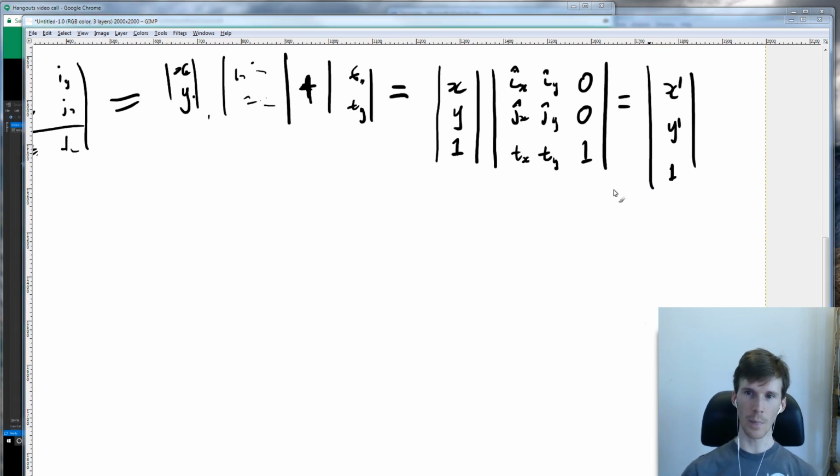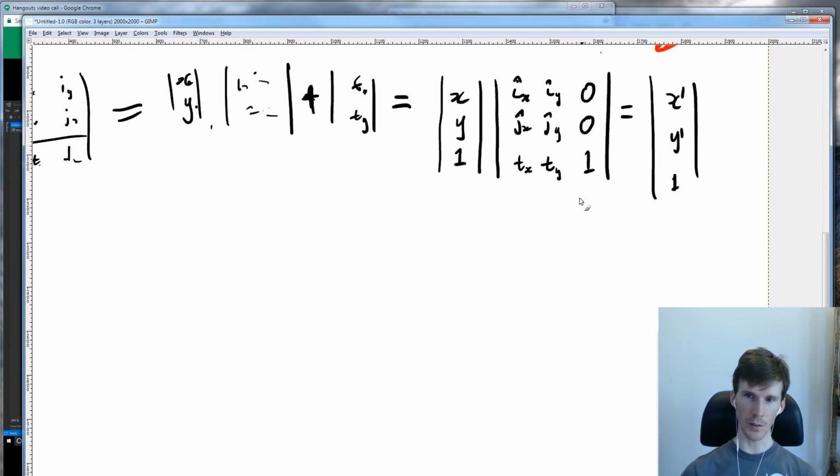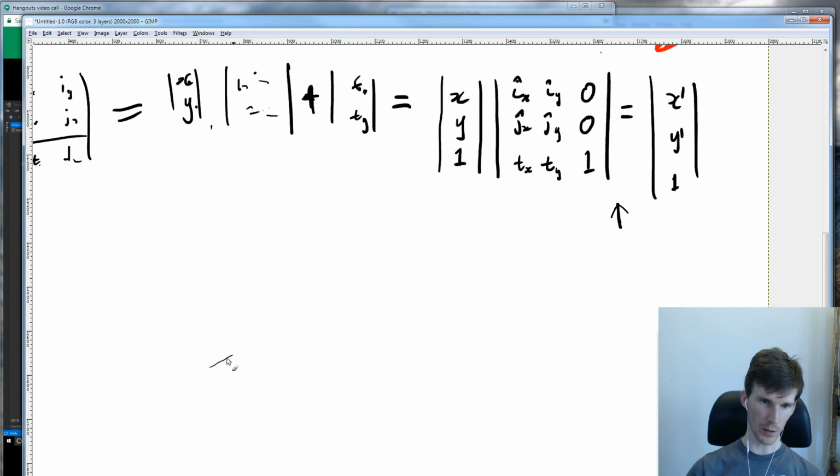Exactly. So the way this works, let me draw it out, is now we have a 3D vector. It's got 3 dimensions, and we have a 3D output and a 3 by 3 matrix. So we're working in 3D now.